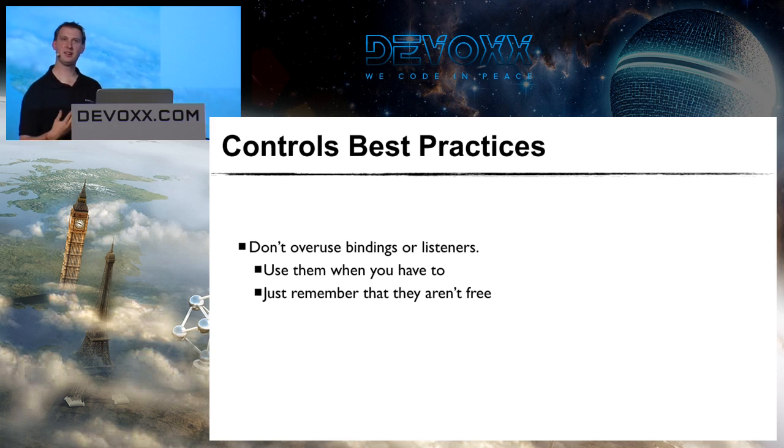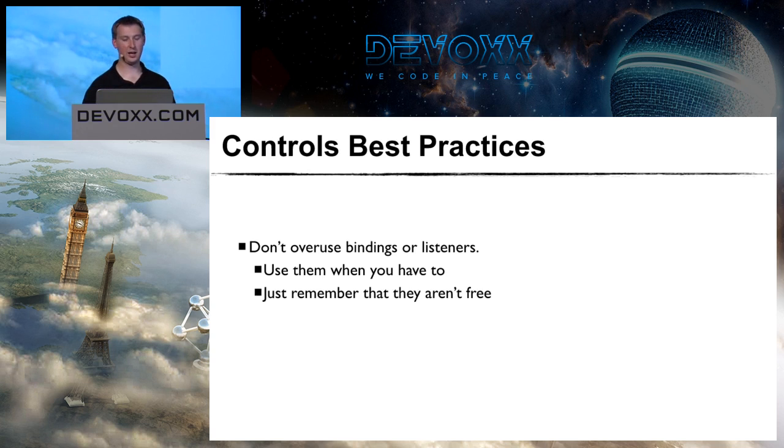That's not free, and every notification isn't free. I use listeners a lot, but use them wisely. If you can have a listener that listens to multiple events, do that rather than have a listener for every single event. It's less work that has to happen behind the scenes. And we're aiming for 60 frames per second. The less work that you can do, the better.